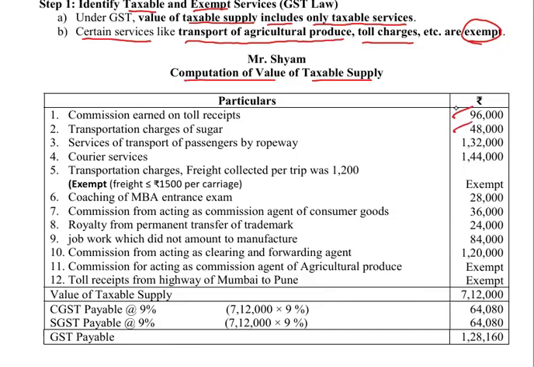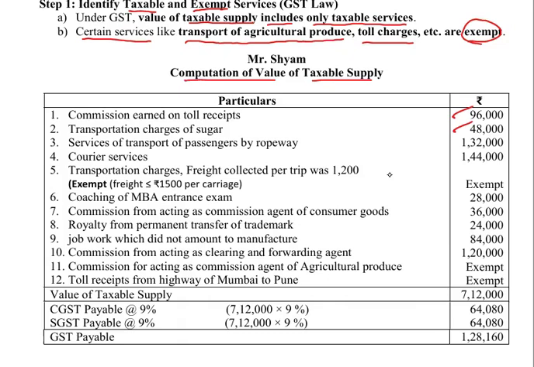Okay, there are certain contradictory points in this case. Some understand that sugar is agriculture produce. If it is assumed that sugar is agriculture produce, then it is exempt. Sugar cane is the agriculture produce, but sugar is the output of the sugar cane, right? The sugar is not considered agriculture produce, but certain authors have different thinking.